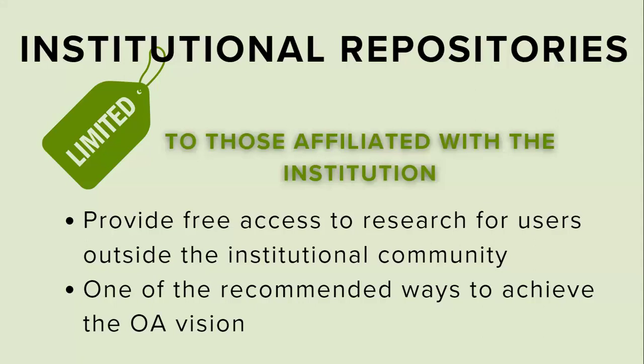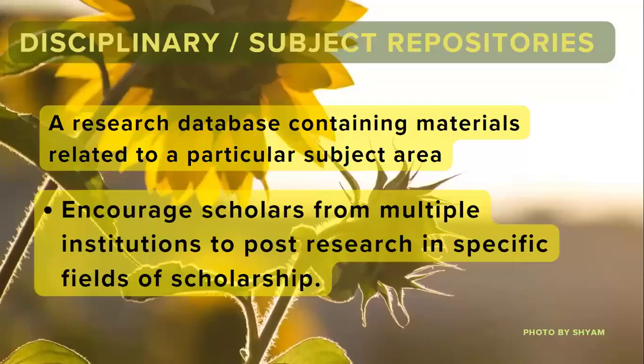So an institutional repository has limited access to deposit. It's normally developed for staff members only, and it provides free access to research for users outside the institutional community. It's one of the recommended ways to achieve the open access vision published in the Berlin Declaration, in both the BOAI initiative and in other declarations or initiatives that have to do with open access.